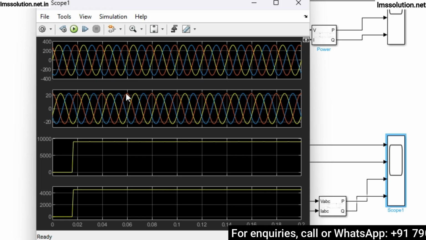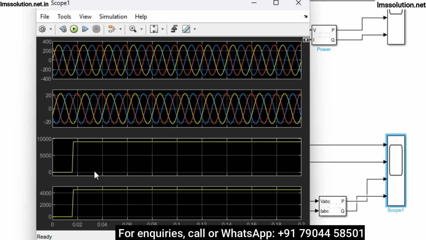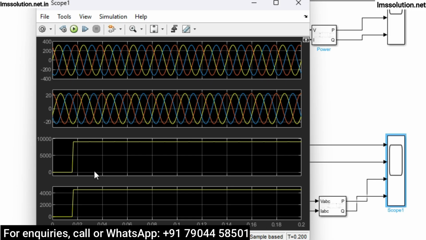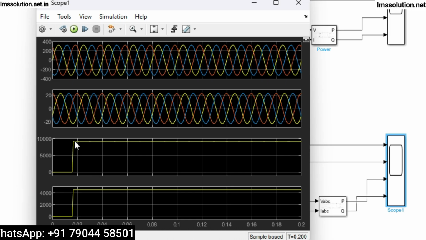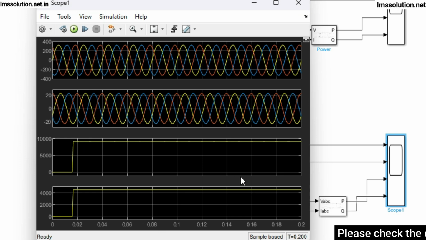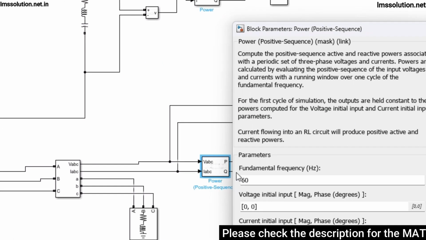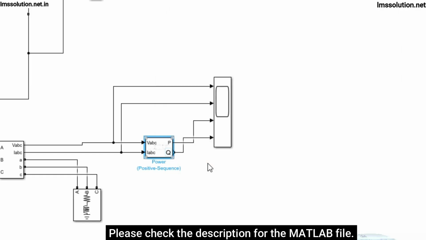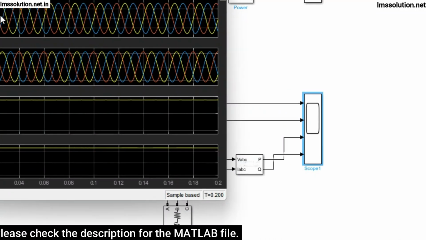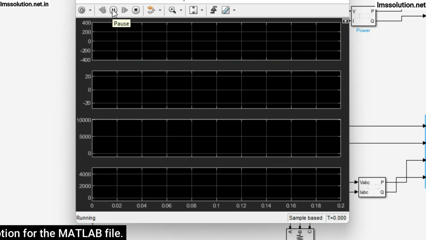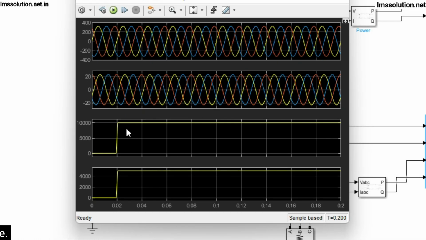So you see the three phase voltage and current. Then here we are not getting the right value, which means we need to fix 50 hertz and simulate the model again. Yeah, now we are getting 10 kilowatt real power and 5 kilowatt of reactive power.